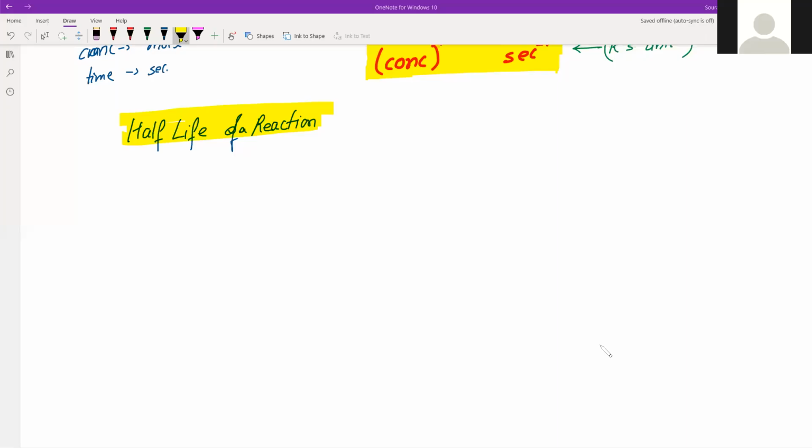So our next topic, as we said, is half-life of a reaction, and from the name itself, it should be clear that it's called half-life or half-life period.